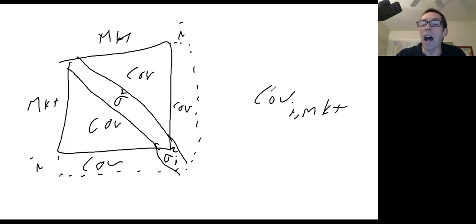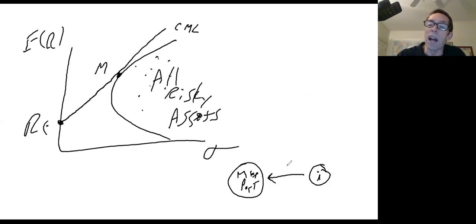However, if asset I has a low covariance with the market, we're adding a bunch of small numbers here for the covariances. Then when asset I is added to the market portfolio, it's going to decrease the standard deviation of the market portfolio.